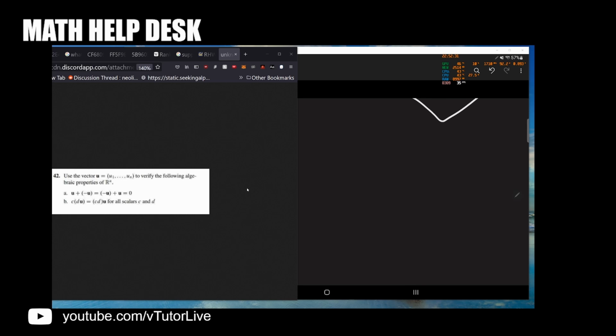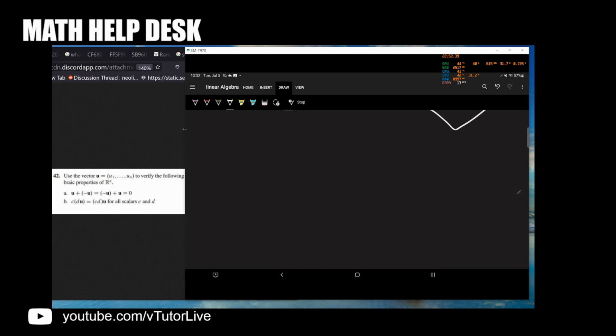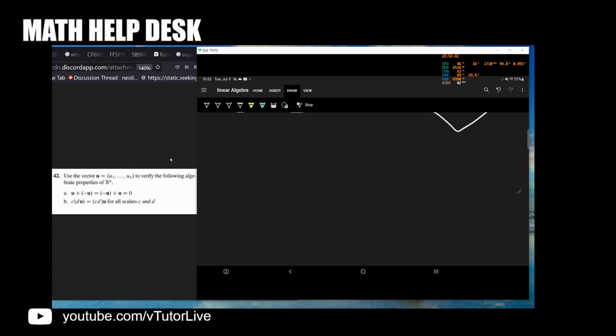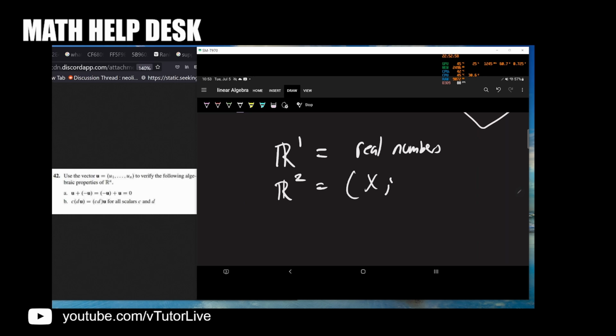So first off, to get on the same page, are you familiar with what Rn is? Not really. I thought it was just a matrix. Rn is basically, if R1 is just the set of real numbers, R2 is all tuples consisting of a real number x and a real number y.